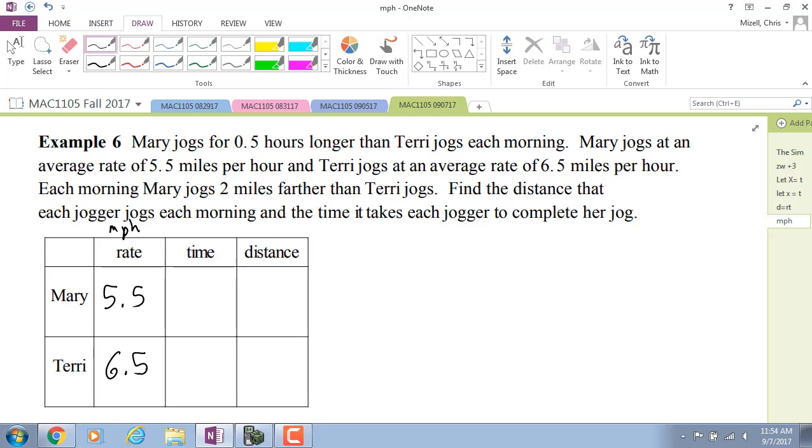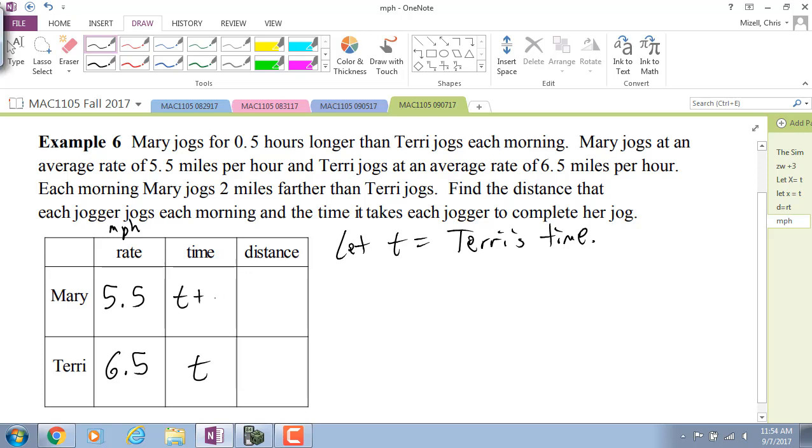So what's that relationship again? Mary jogs for 0.5 hours longer than Terry jogs. Want to let T be Terry's time? All right. Let T equal Terry's time, and then Mary's time, T plus, Mary jogged longer, T plus 0.5.